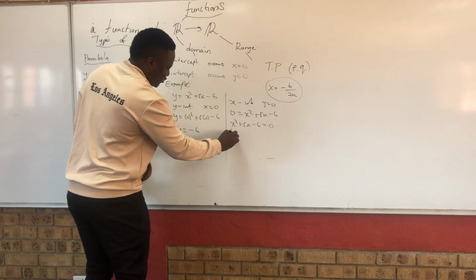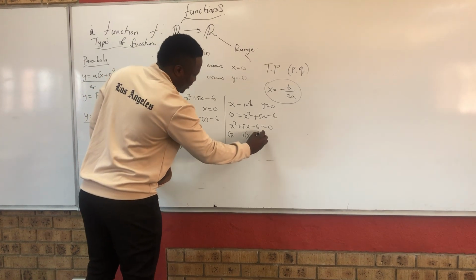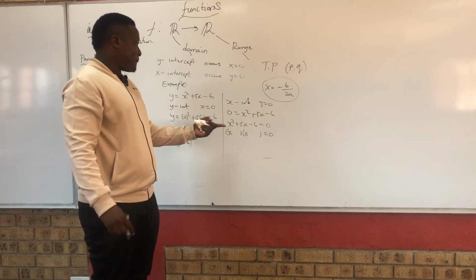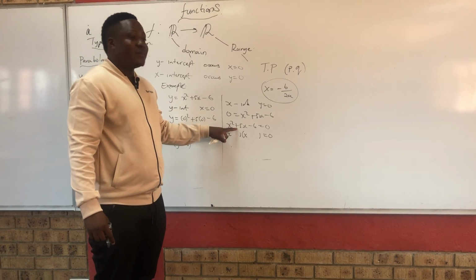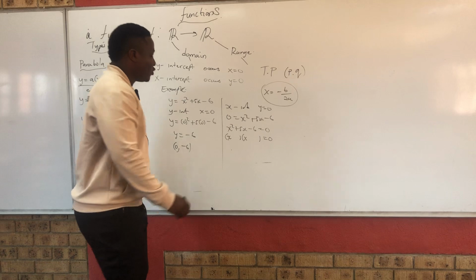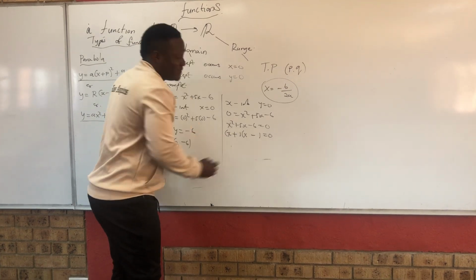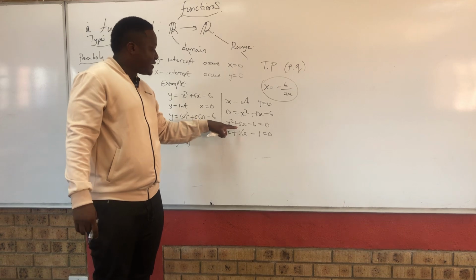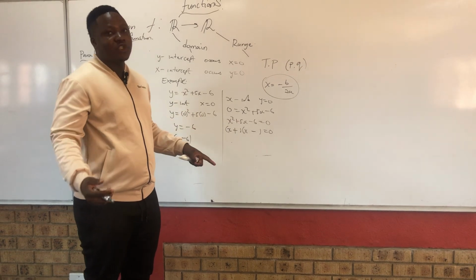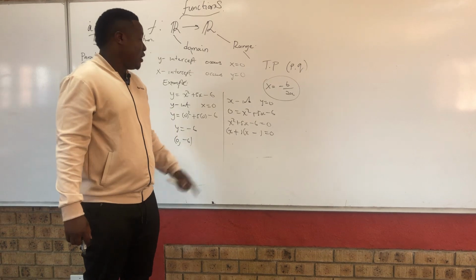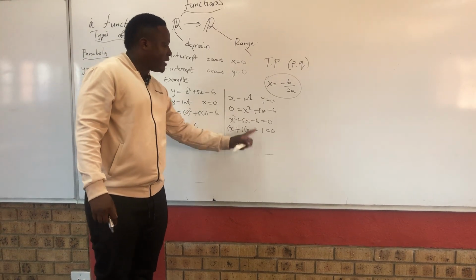What you need to observe is that the sign of the coefficient of x is different from the sign of the constant, so you're going to have a plus and a minus.